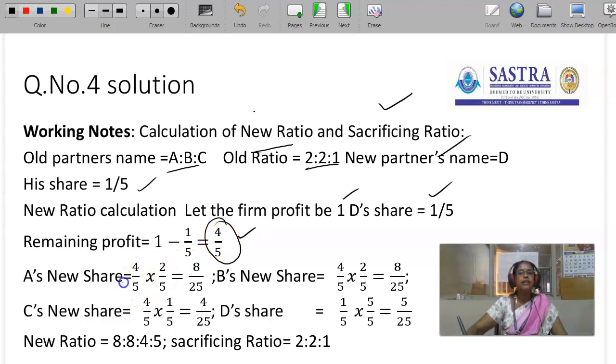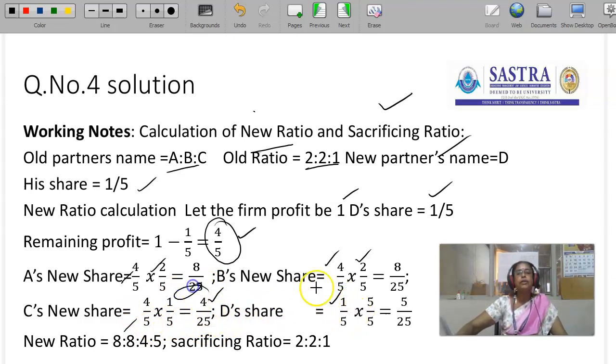So the remaining profit is 4/5. A's old share is 2/5, therefore 8/25. Then B: the remaining profit is 4/5, his old share is 2/5, so the new share of B is 8/25. C: the remaining profit is 4/5 and his old share is 1/5, and so the new share is 4/25. 4 into 1 is 4, 5 into 5 is 25. D's share 1/5 is already given.